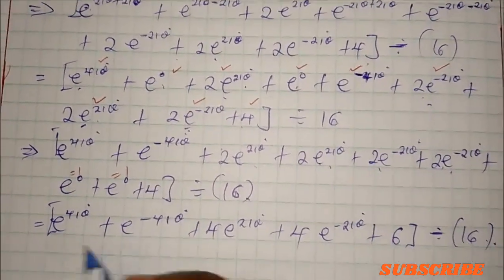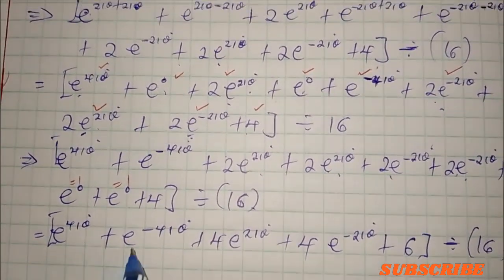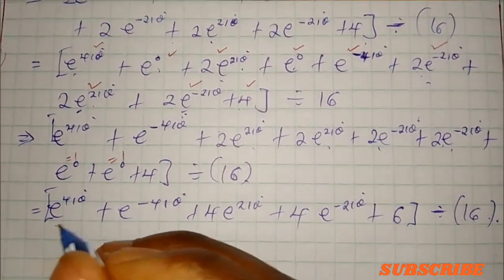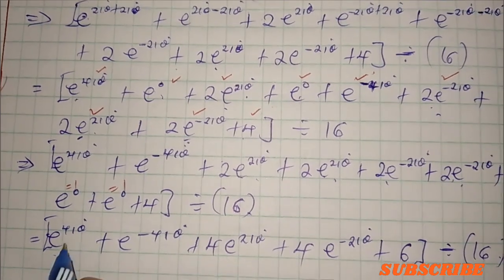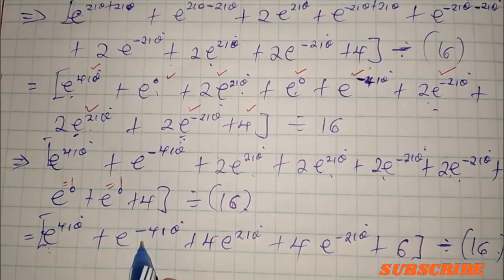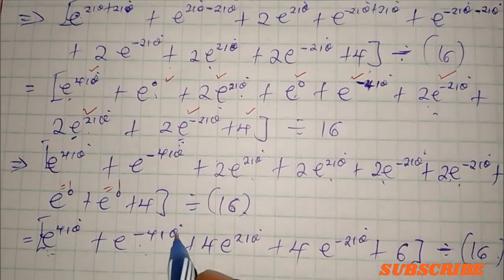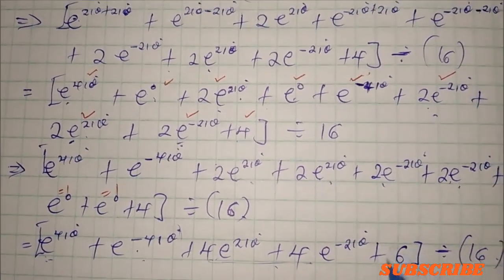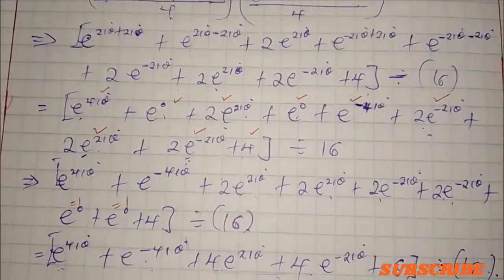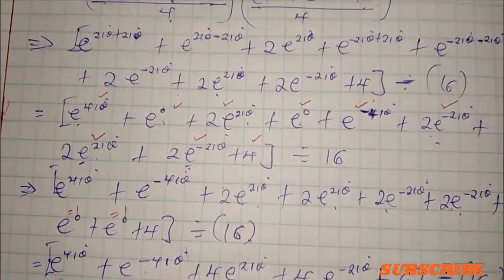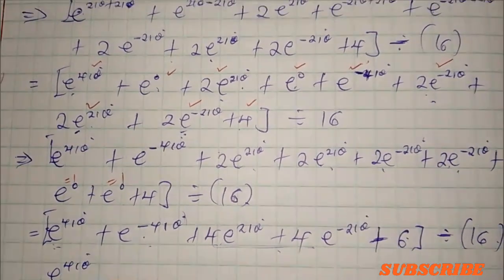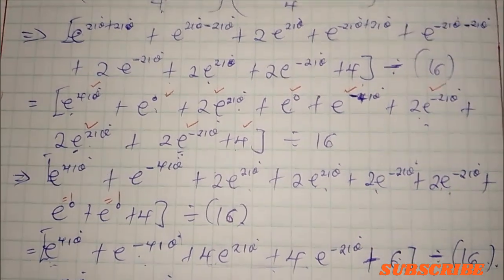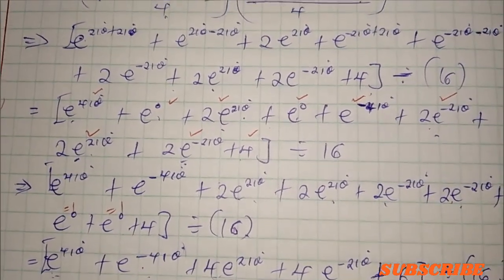So at this point we can split. Remember, we want to express all these things in terms of cos theta. So we can split because this and this have the same arrangement. We put it under one bracket, and the ones with the same arrangement under the other bracket. So we have e raised to power 4i theta plus e raised to power negative 4i theta over 16.